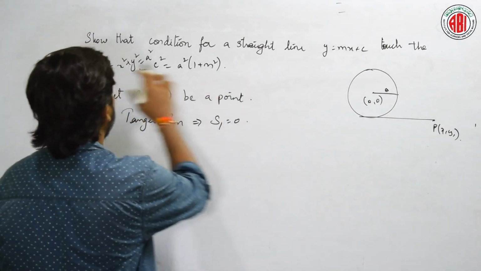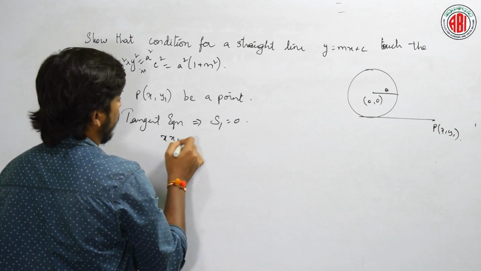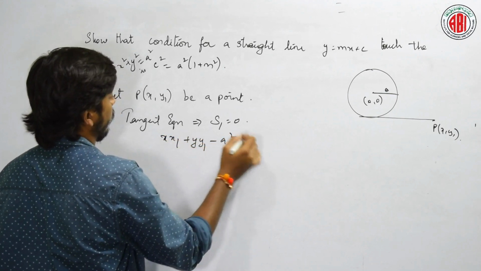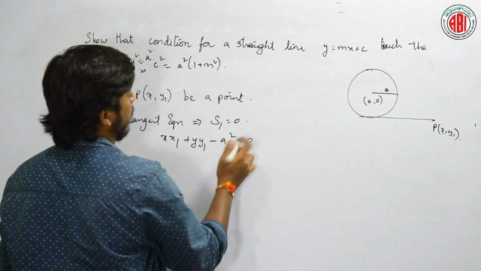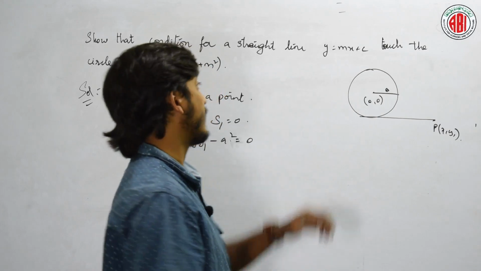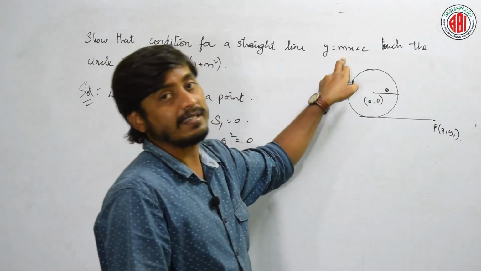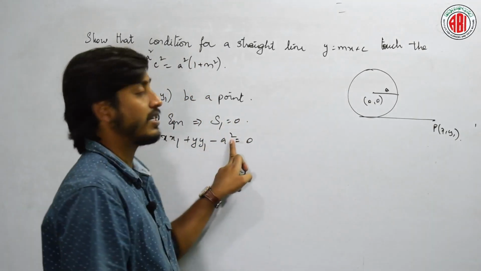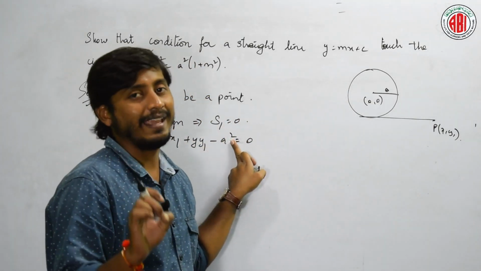That is nothing but x x1 plus y y1 minus a square is equal to 0. Yes, this is the equation of tangent. Now, he is telling that this also touches the circle. So, what does that mean? This equation and this equation are nothing but the same.